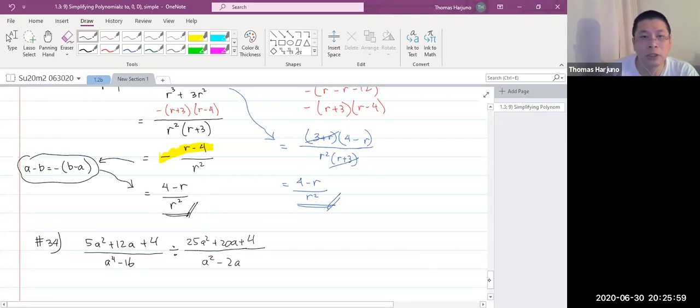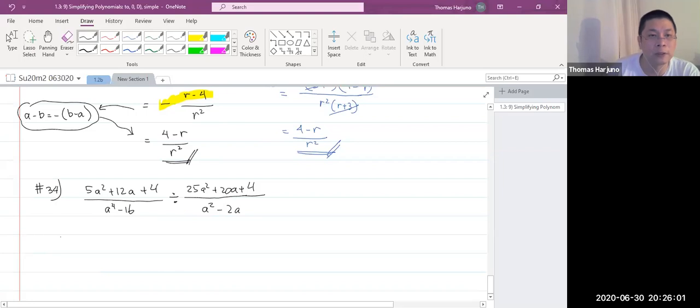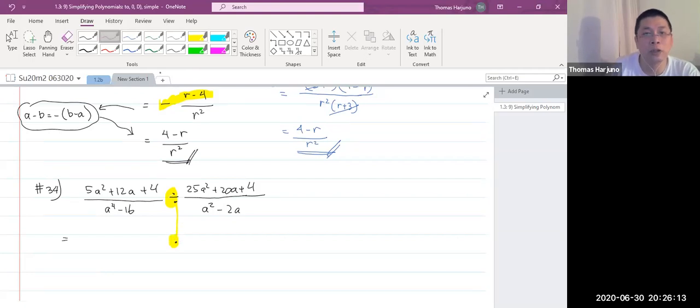The first step is multiply by the reciprocal first. So I will change this division becomes multiplication. Okay, and then I do the reciprocal here.